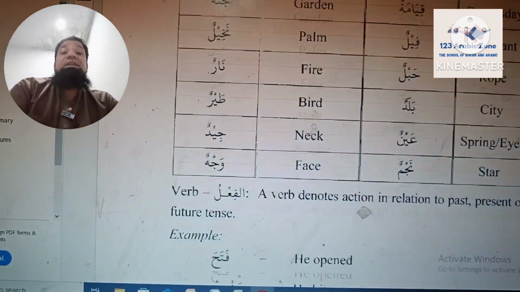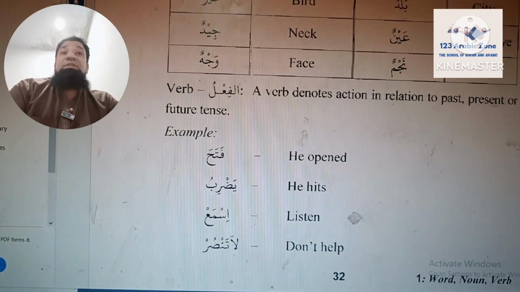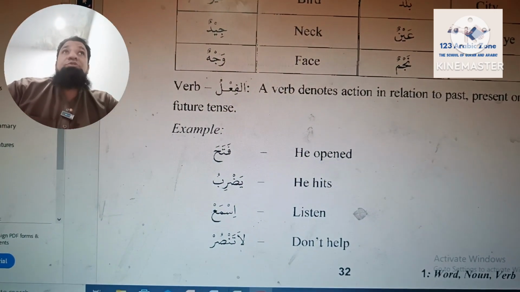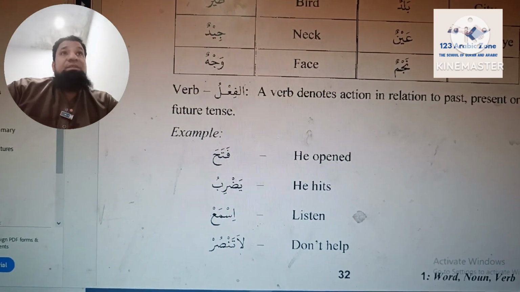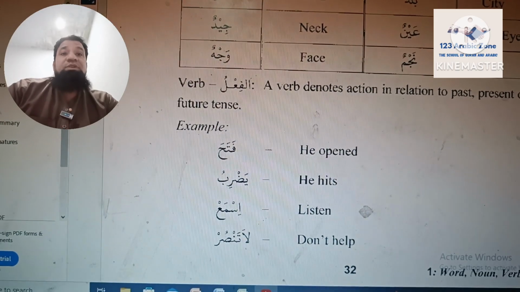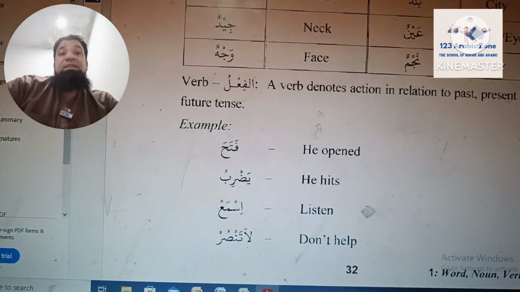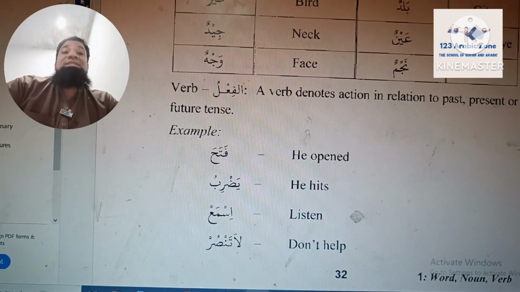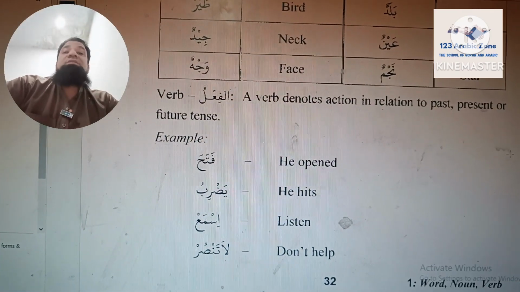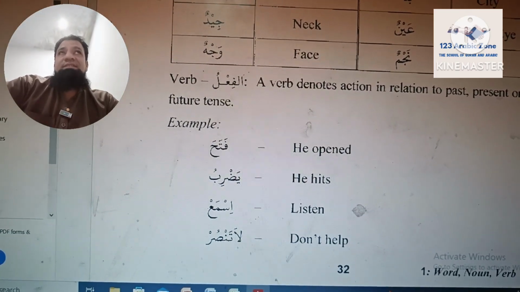Inshallah, I will show you after completing this topic. Okay, verb, al-fi'l. Verb denotes action in relation to past, present, or future tense.